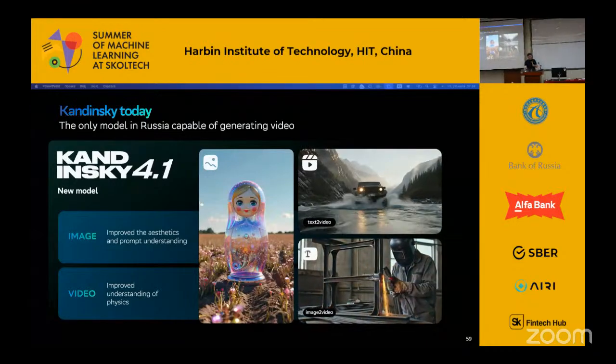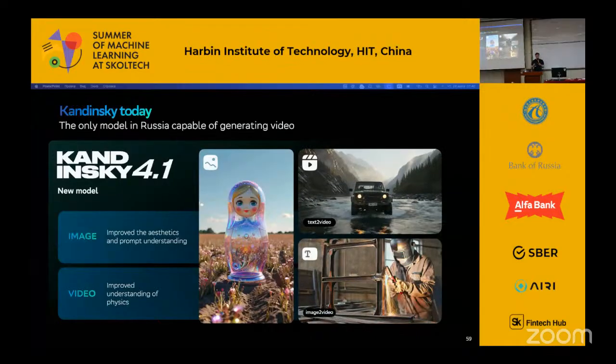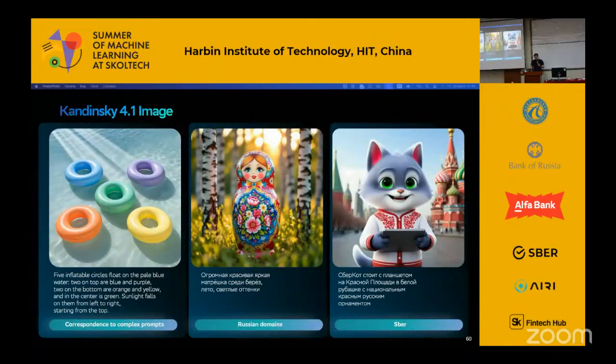We train, as I said before, image generation models and video generation models. First of all, image generation. That's a diffusion transformer. We apply pre-training and supervised fine-tuning. Not RLHF till now, but we are experimenting a lot with RLHF.